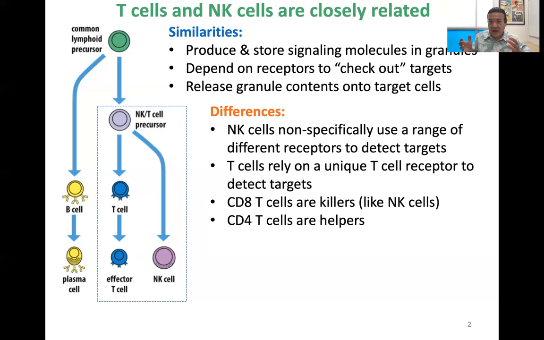So they both depend on receptors on their surface to check out target cells that they synapse with. Remember, these lymphocytes, whether you're talking about T cells or NK cells, or even B cells for that matter, have certain types of receptors on their surface to aid in their immune function.